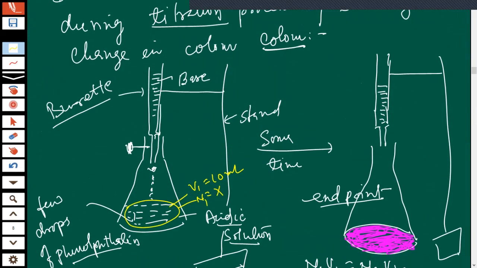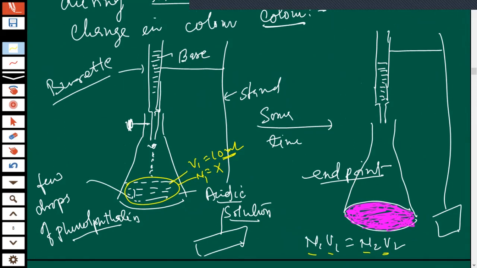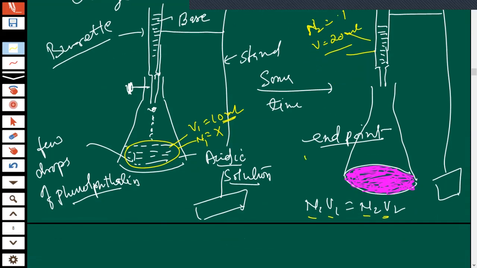Suppose normality is not known to you, volume is known. Then you have added some solution. How much have you added? Suppose its normality is known to you, 0.1 normality, N2, and its volume was 20 milliliters, right? And this is the end point.